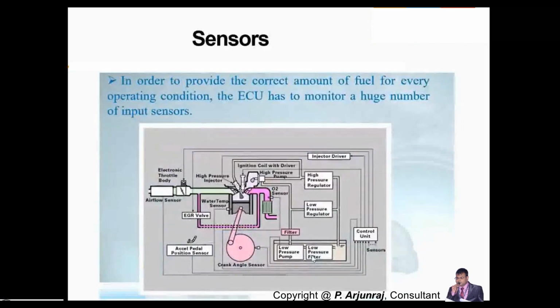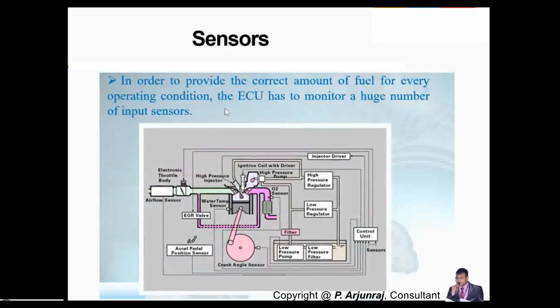So there are different types of sensors. We will see that in detail, and I told you this is very important. The correct amount of fuel needs to be injected for every operating condition, because the engine is not going to operate in one particular condition alone. You have a lot of different operating conditions.